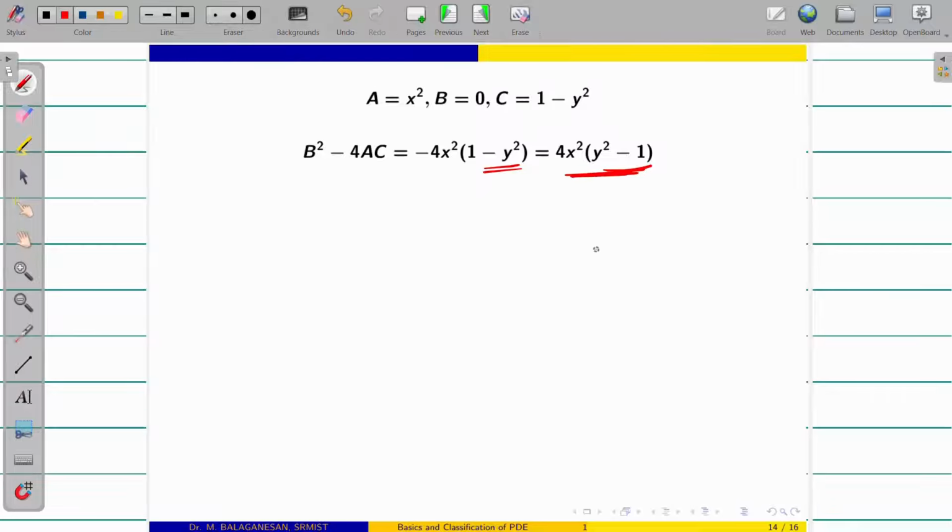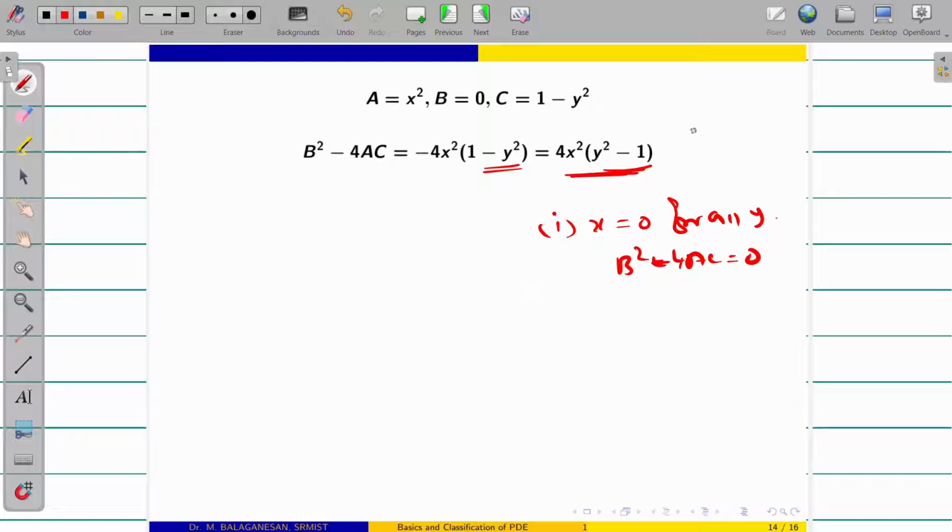How to classify? We can classify into three kinds. For all y, x equal to 0, b square minus 4ac will be 0. It will be parabolic.